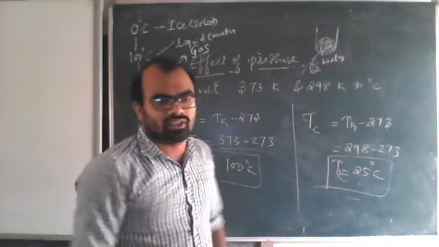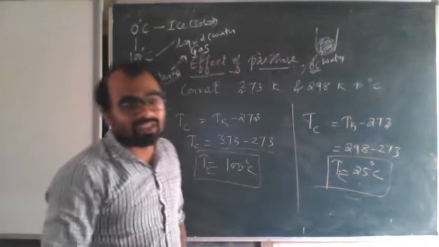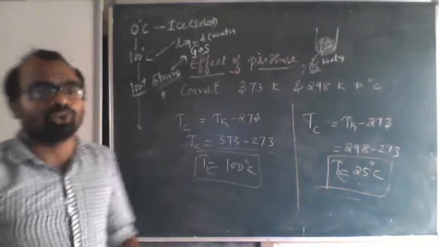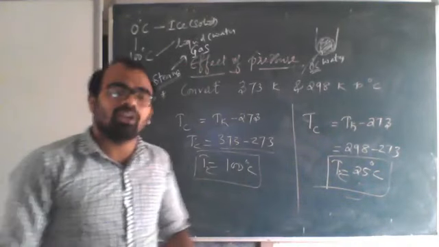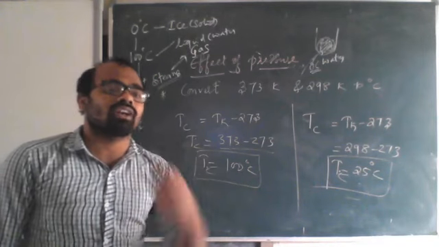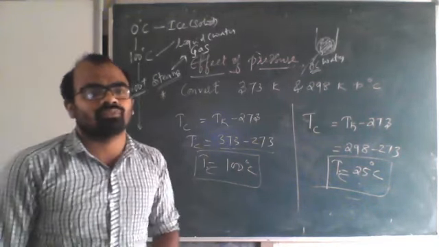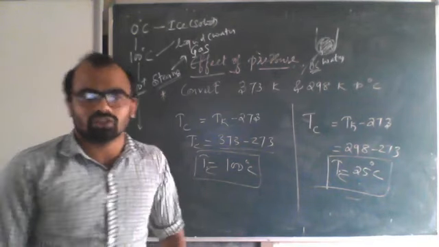That is the latent heat of fusion and latent heat of vaporization. Whenever the heat energy is given, it will be used for the conversion of state. Hence, during the conversion of state, the temperature remains constant.